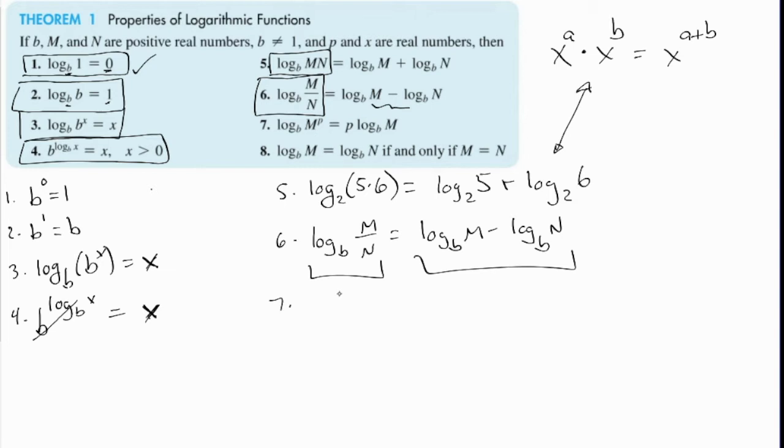Property 7 gives us the power property for logs. So if I have log base b of an argument with an exponent, I can rewrite it as that exponent times log base b of m.